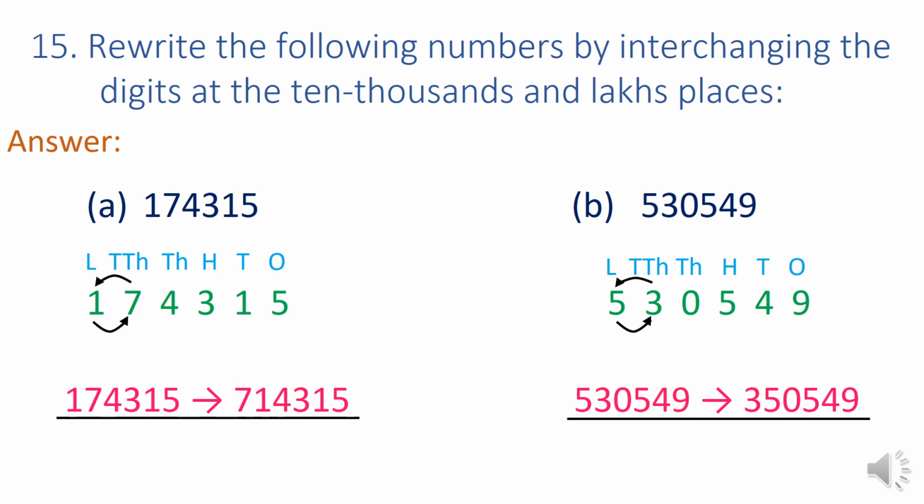So, for getting the answer, interchange the digits. That is, write 7 in the lakhs place and write 1 in the 10,000s place. So the number 1,74,315 becomes 7,14,315.